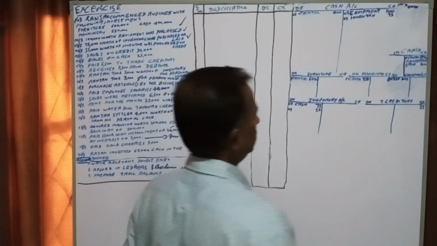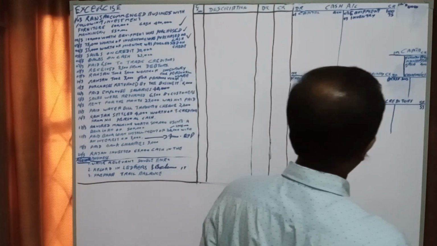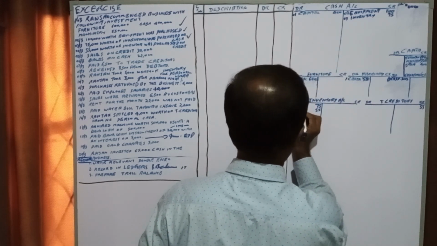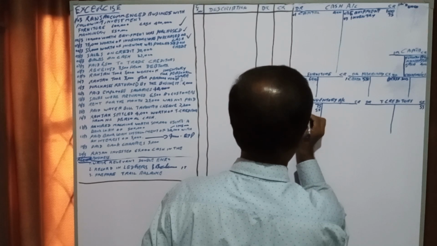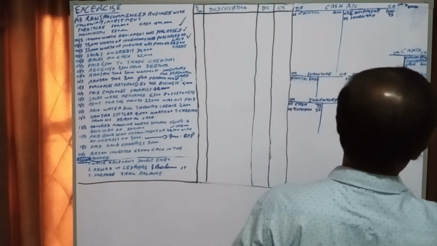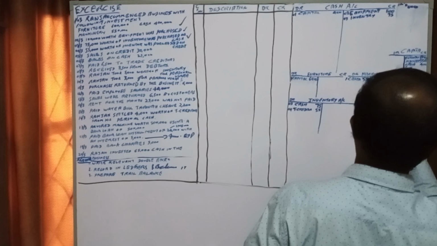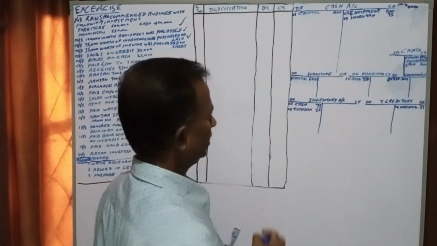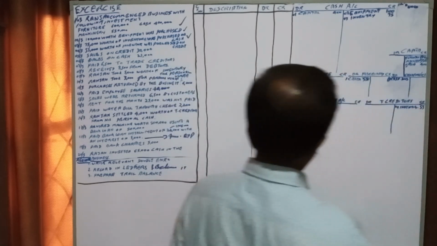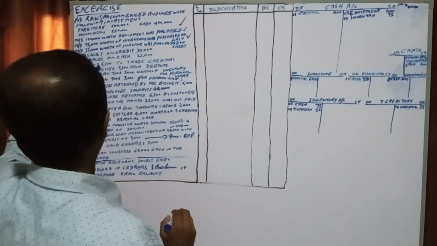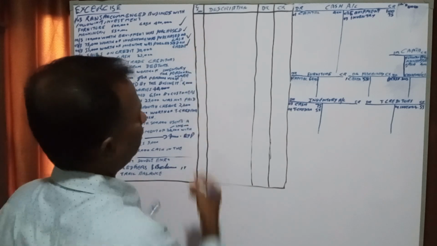Okay, so here you will say 55 is the trade creditors. Here you will say trade creditors, and here you will say inventory. So we have passed the double entry for 55,000 in the set of ledgers.